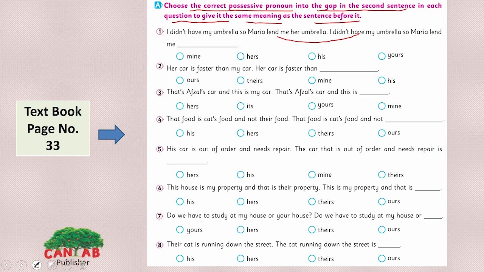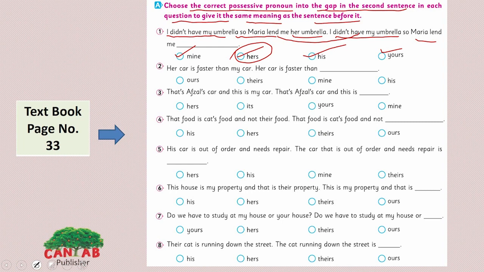I didn't have my umbrella, so Maria lent me her umbrella. I didn't have my umbrella, so Maria lent me what? Mine, hers, his, or yours? Here the right answer will be hers, because I didn't have my umbrella, so Maria lent me her umbrella.